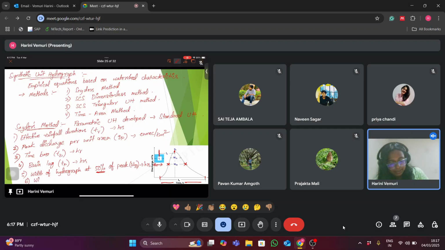So the last element is width of hydrograph at 75% of peak. It is represented as W75, and it is in hours. It is similar to the concept of width of hydrograph at 50% of peak.